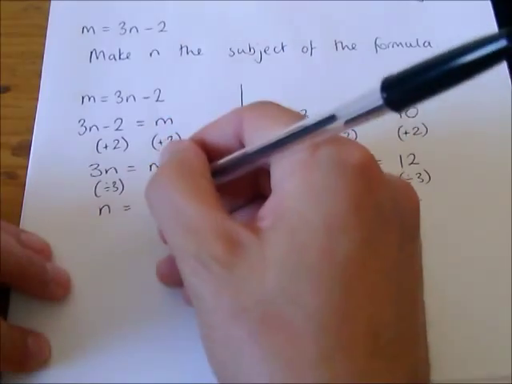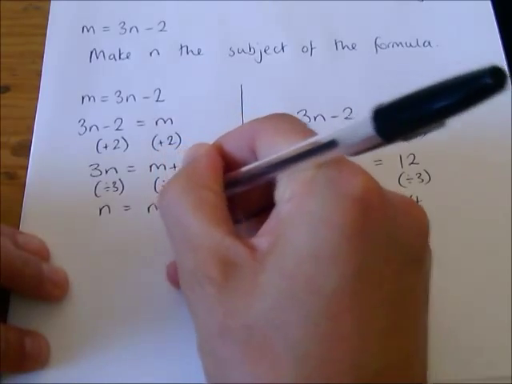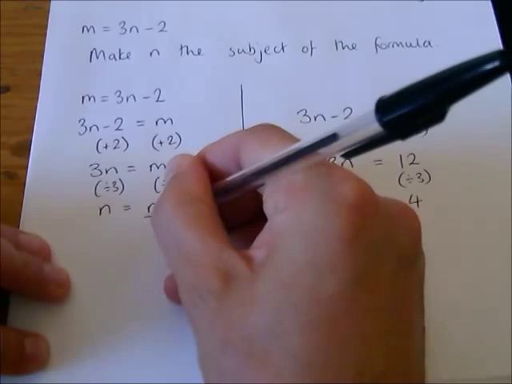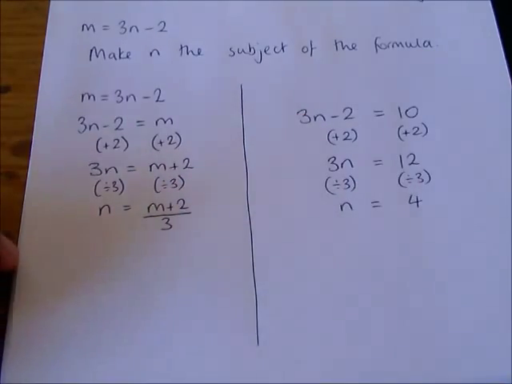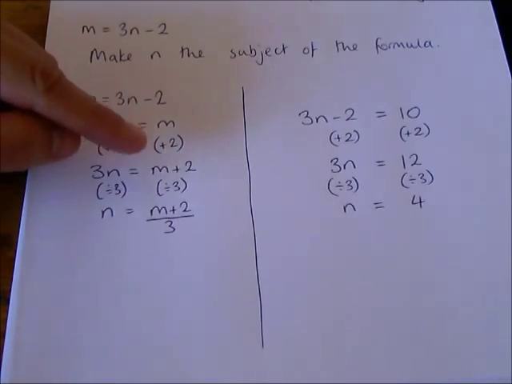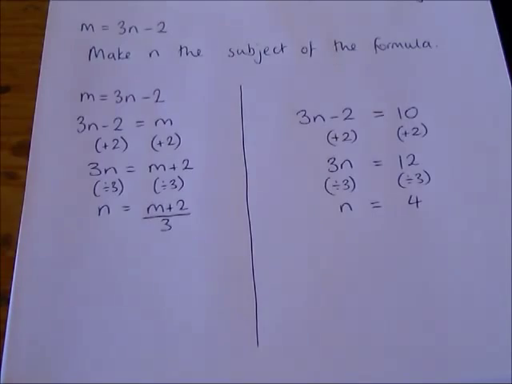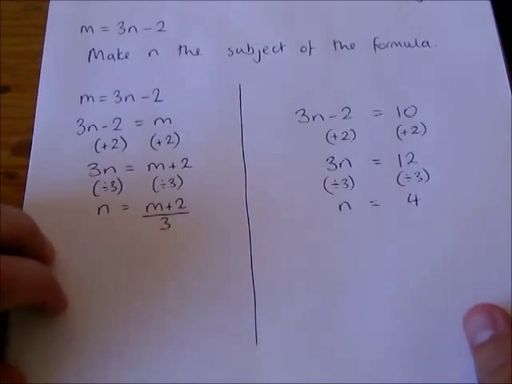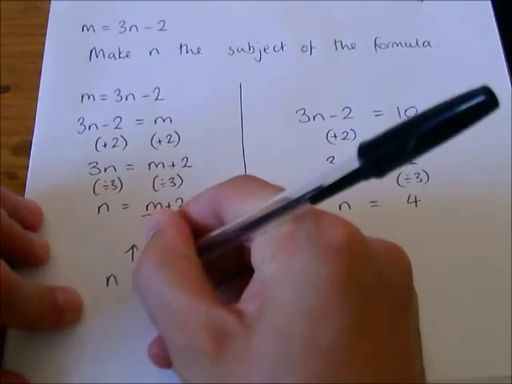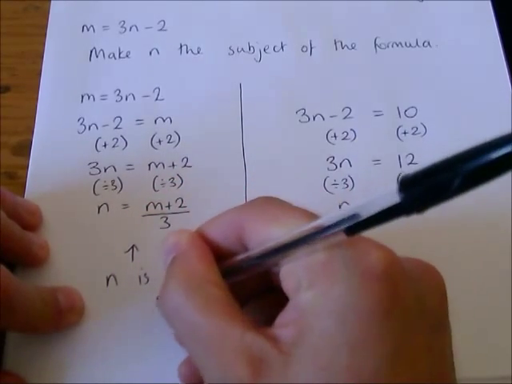How do I write that? Well, I have to write down that the whole of m plus 2 is divided by 3. So I have to use the longer division symbol to show that the m plus 2 happened first. That was the first step I took, and then I divided it by 3. And you'll notice that this now is our answer. N is the subject.